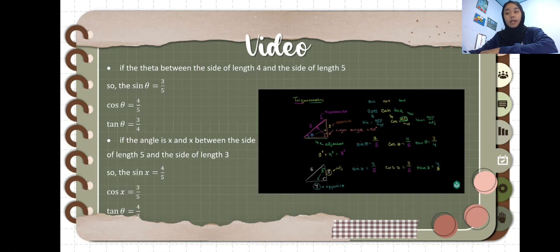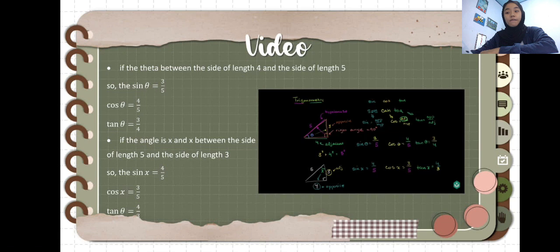For example, if the angle theta is between the side of length 4 and the side of length 5, then sin theta is 3 per 5, cos theta is 4 per 5, and tan theta is 3 per 4.